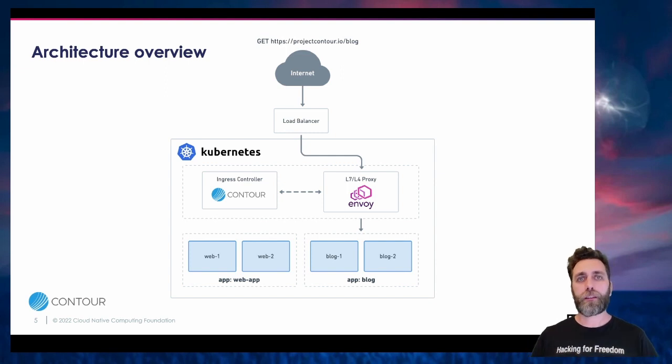The load balancer then transfers that to the Envoy proxy. Then the Envoy proxy routes that traffic to the appropriate namespace, service, and then pod. But how does Envoy know where to send it? That's the part where the ingress controller comes in. The ingress controller is watching the kube API for new ingress definitions or HTTP proxy definitions and reconfigures Envoy, so Envoy knows how to route the traffic.